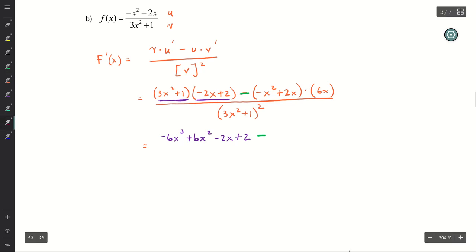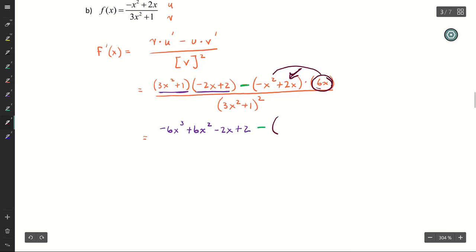So now notice that this 6x needs to be distributed to these two things. What I'm going to tell you to do there is put a parenthesis here after this negative, and even though you're distributing at this point, you still later need to distribute this negative.